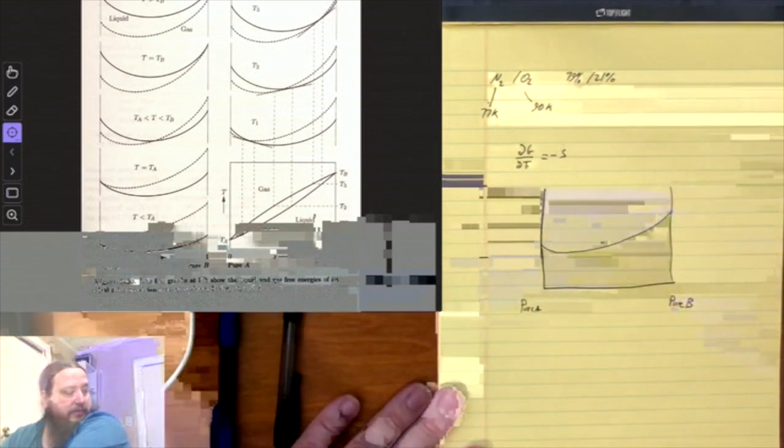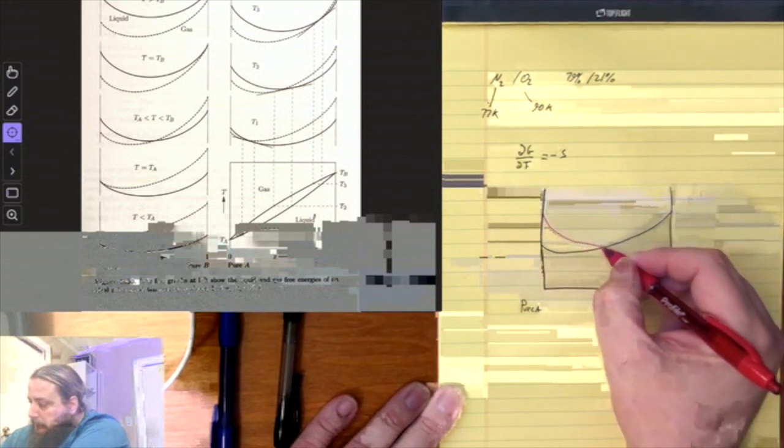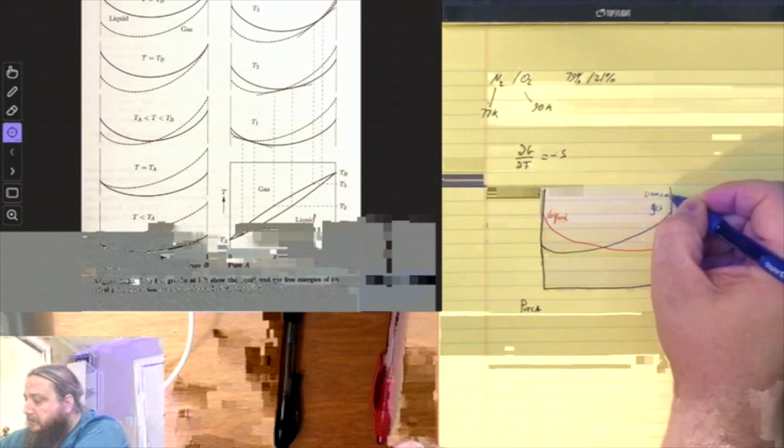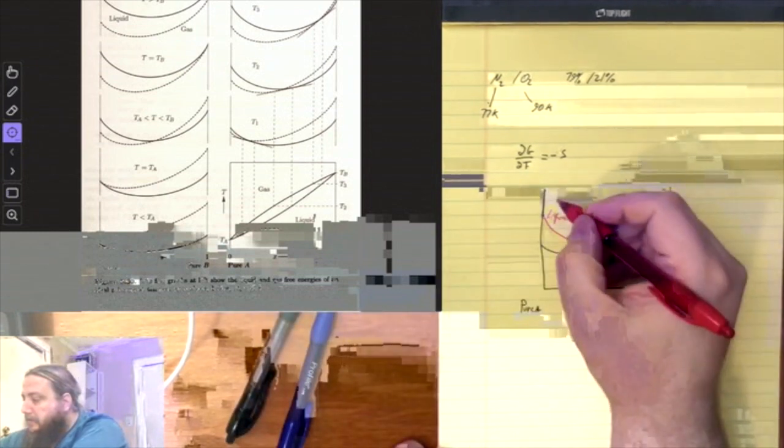And I'll use red here to be the unmixed liquid phase. Like that. So both of them are concave up. This is the liquid, and this is the gas, both unmixed.